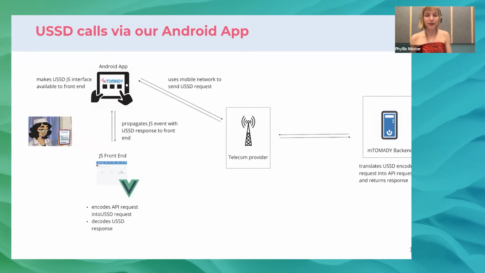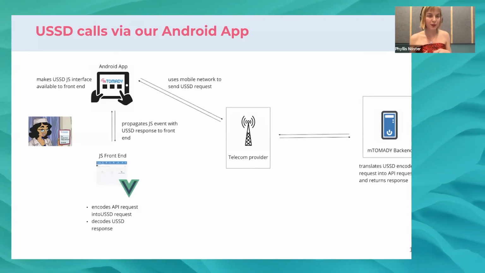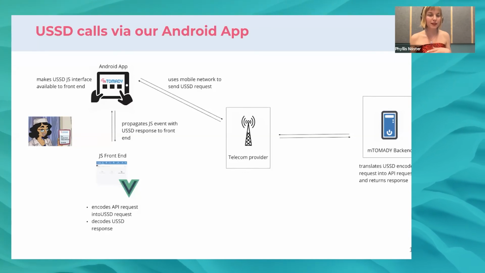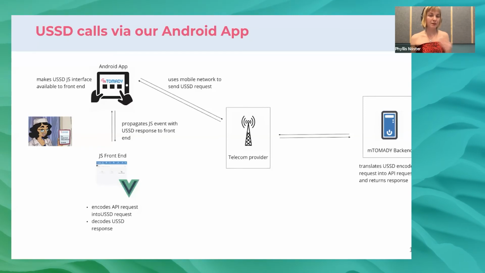In our backend, we are decoding it. We formulate a response, and then we encode this response and send it back to the telecom provider. The telecom provider now sends it back over the mobile network to our tablet, and the tablet propagates an event with this information to our front end.